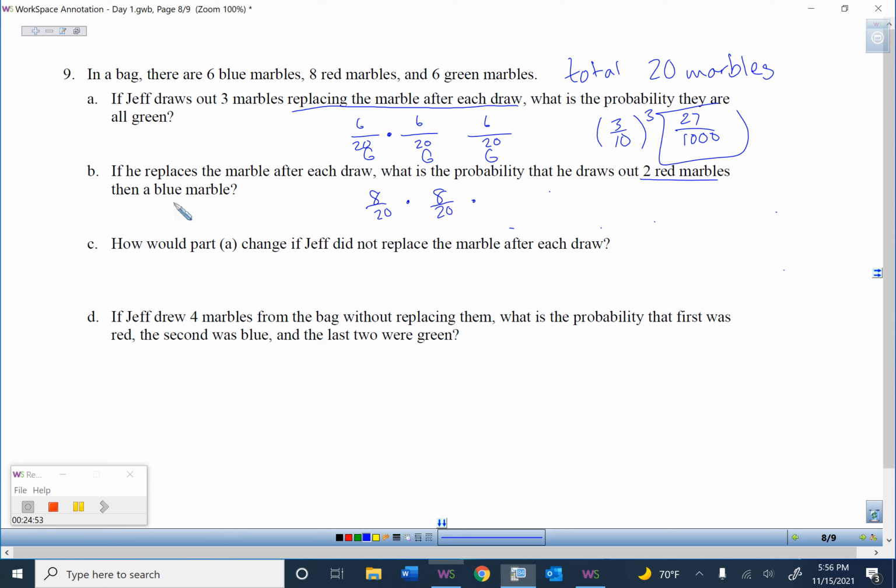And the last one is a blue marble, which is 6 out of 20. Okay, so what I was talking about with powers, if you wanted to write that as 8 over 20 or reducing that to 2 over 5 squared, you can. Okay, we still have to do the second part with 3 out of 10. Okay, but that is up to you entirely on how you want to handle that.